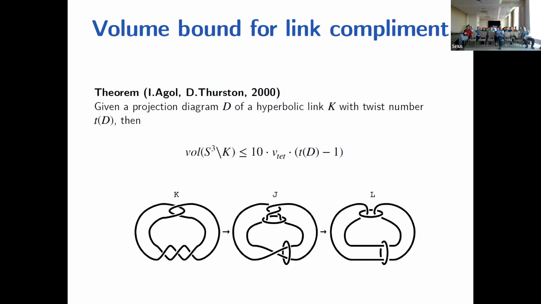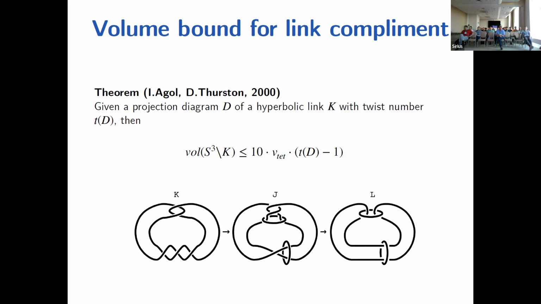This is the idea of their proof. They had a diagram of the initial link K, and they made the following projection to obtain from this diagram another diagram. This process is called augmentation. On the first step, they encircled each twist region by an additional closed curve, and for each twist region they deleted all the crossings except one or two.